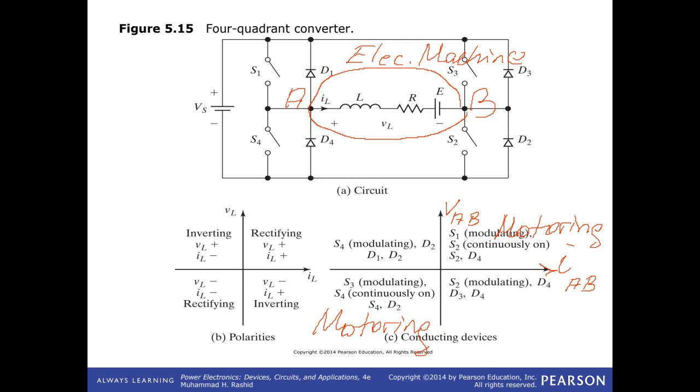On the other hand, if you run the system in regenerative mode, since your machine is rotating, your machine is producing E, the electric machine here.